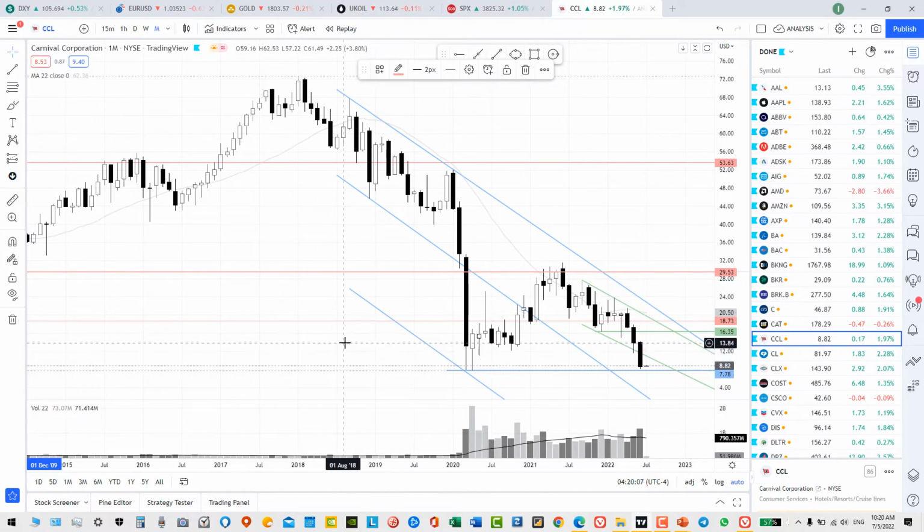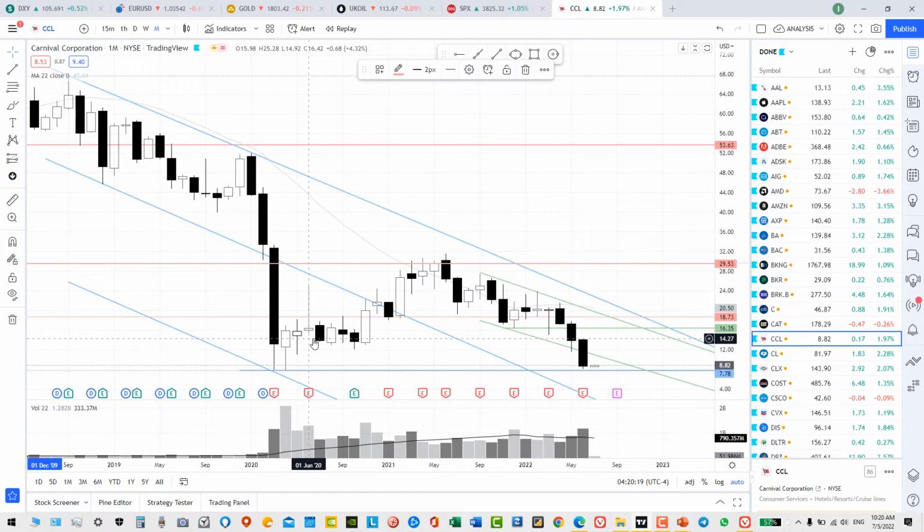Over the long term, it's okay to speak about negativity, but this will be in a moment later when we check the weekly chart. For now, I can see there is a lot of selling pressure over the last 3 months, and the candlestick size is increasing, which means that the selling pressure is getting stronger and heavier.